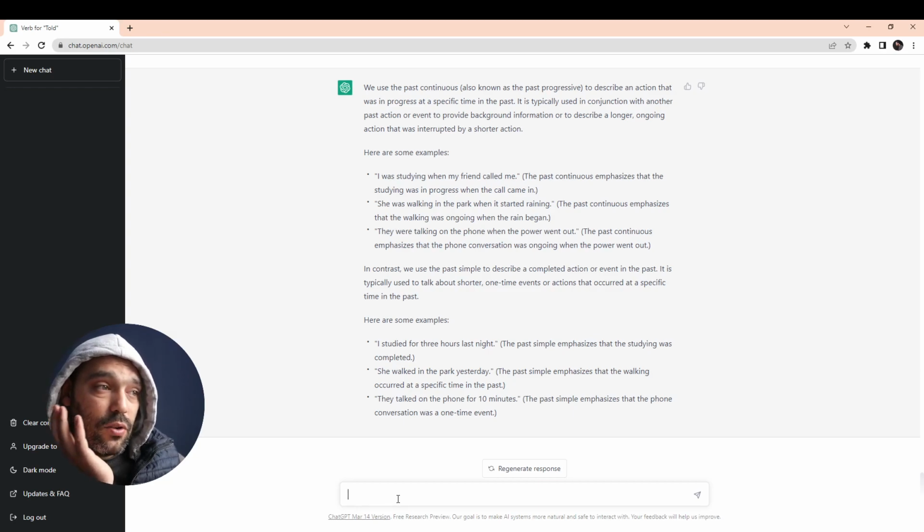In contrast, we use the past simple to describe a completed action or event in the past. It is typically used to talk about shorter, one-time events or actions that occurred at a specific time in the past. Here are some examples. I studied for 3 hours last night.